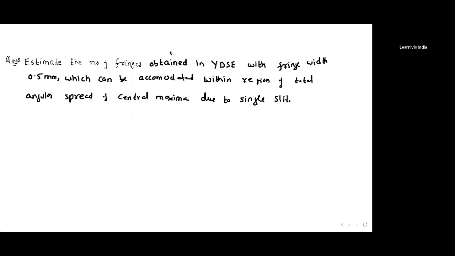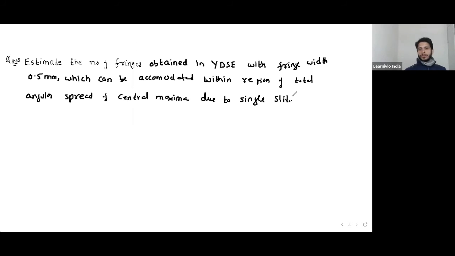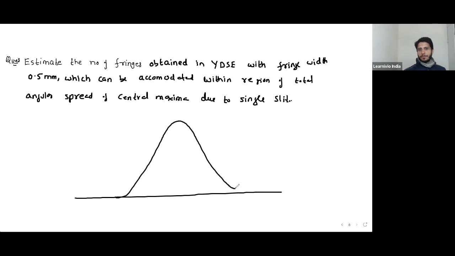I don't think you will need the wavelength of light in this numerical. This numerical says that you have a single slit experiment, meaning single slit diffraction, and this is the maxima of single slit diffraction. Then it asks about bright fringes of interference.